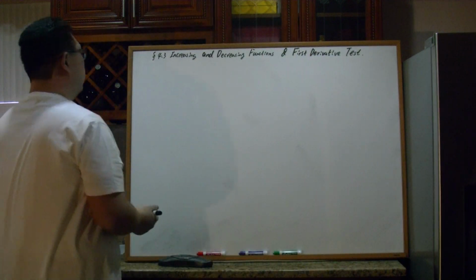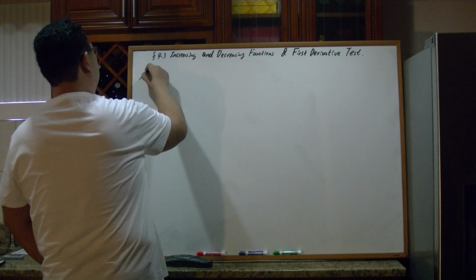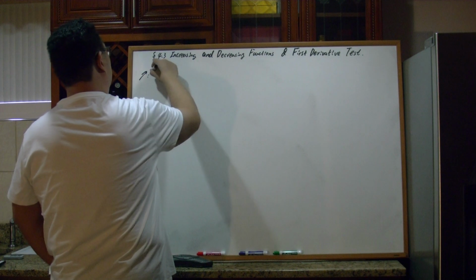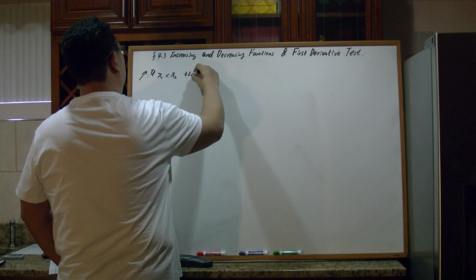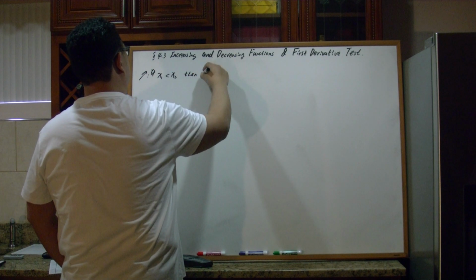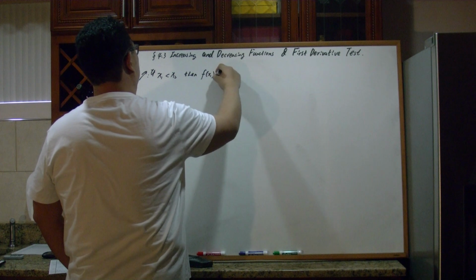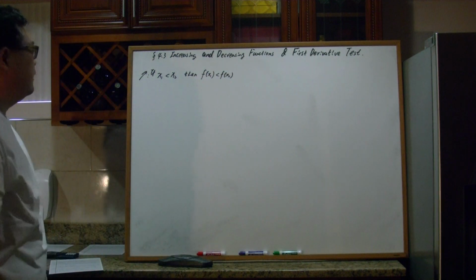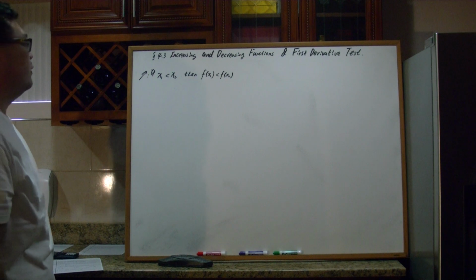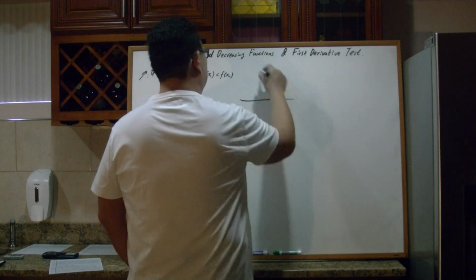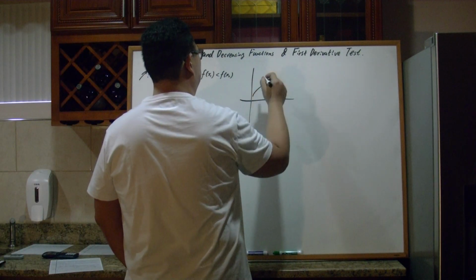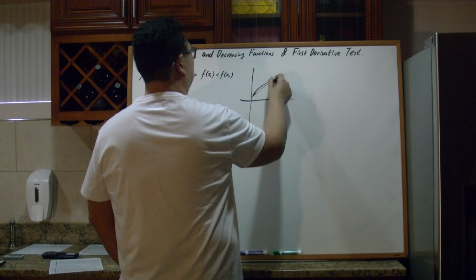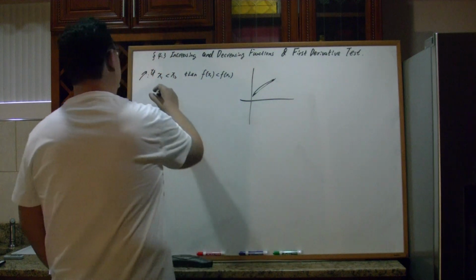Right, so before, we say a function is increasing when it's monotonically getting bigger, such that if x1 is less than x2, then f of x1 is less than f of x2. When the function is getting bigger, the f value is getting bigger, and therefore the secant line is going up.